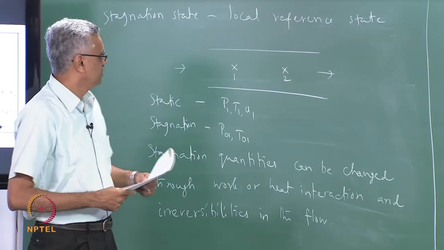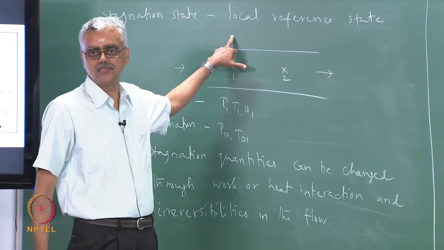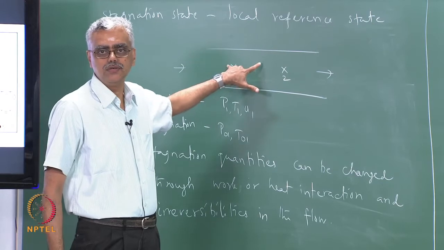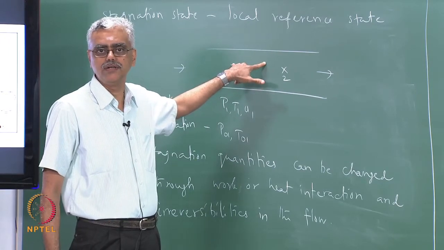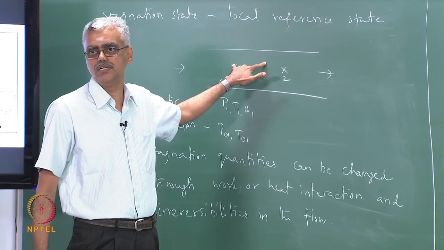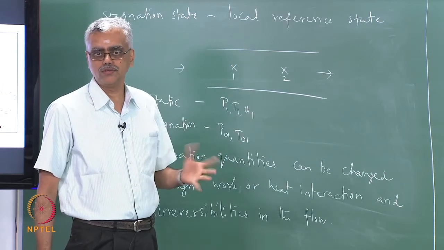Okay, remember the stagnation process alone is isentropic. As I said earlier, the flow itself need not be isentropic. There can be irreversibilities in the flow or the flow can also be isentropic, it does not matter.